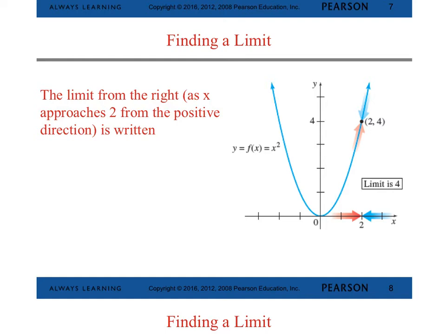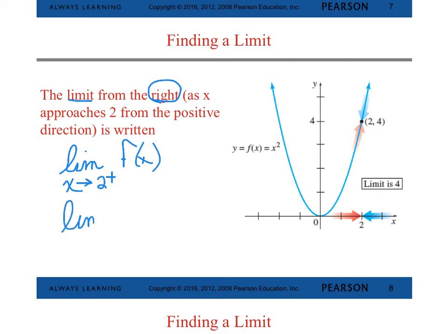Similarly, when we talk about approaching from the right, as x approaches 2 from the positive direction, we write the limit as x approaches 2 from the right, right being positive, of f of x, or the limit as x approaches 2 from the right of, in this case, x squared.